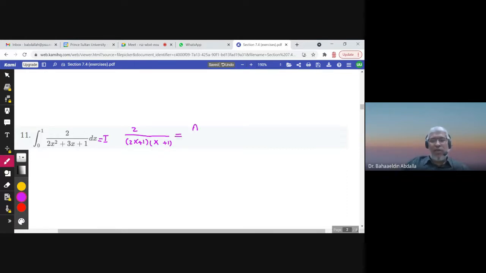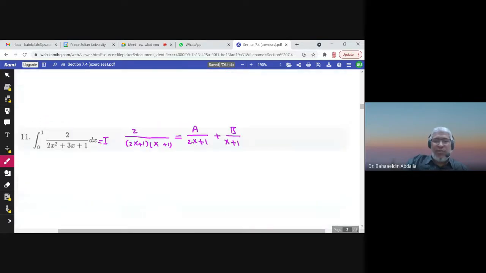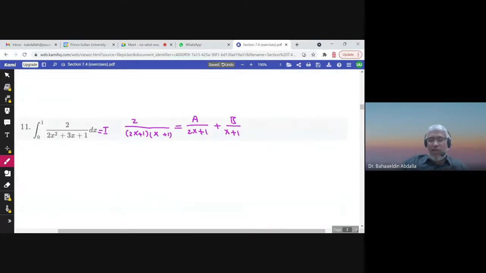I can write it as a over 2x plus 1 plus b over x plus 1. To find a, is it the same? No. Okay. To find a, I cancel this and replace x by negative half.